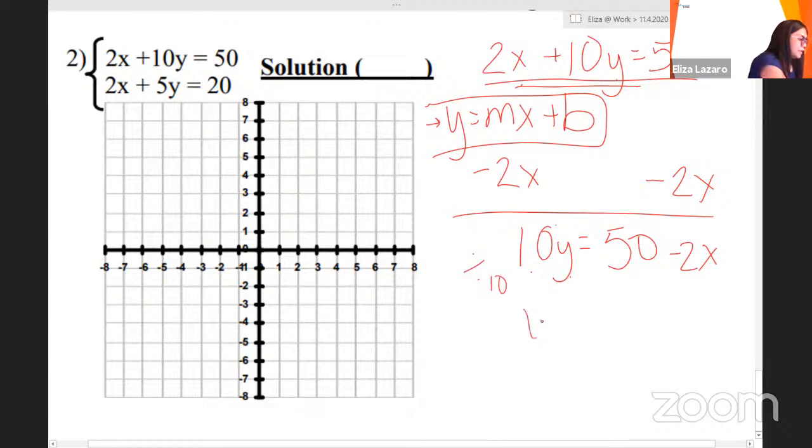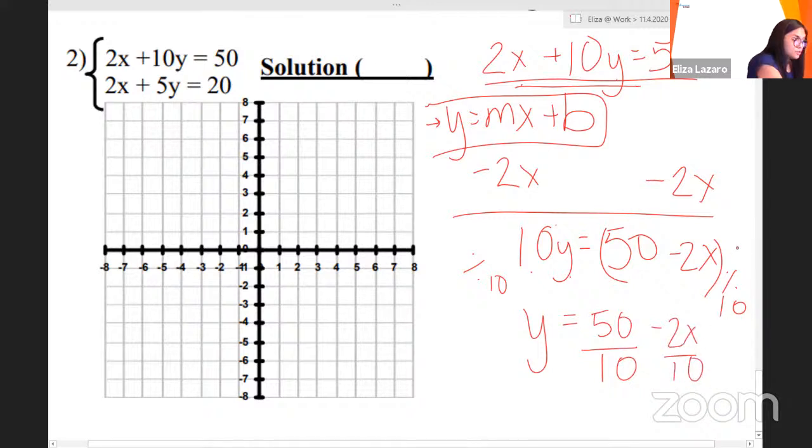So we're going to do that on that side. And then we have to do it to the other side as well. So we're going to divide the whole side by 10. And to do that, we have to put this over 10, and we also have to put that negative 2x over 10, because really we're distributing this divided by 10 to both of those terms.